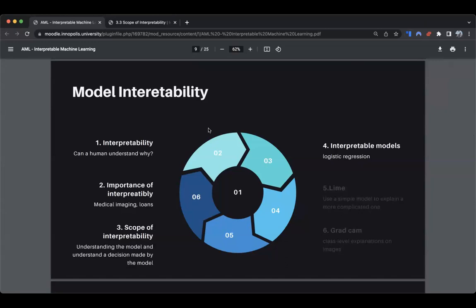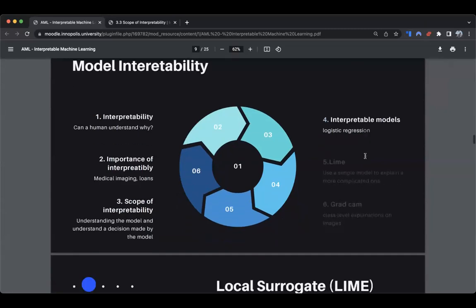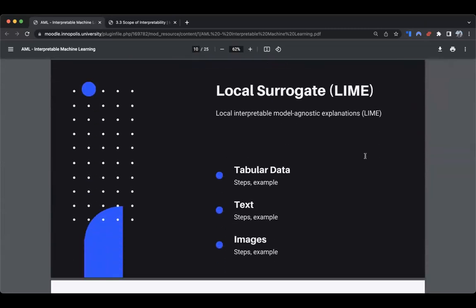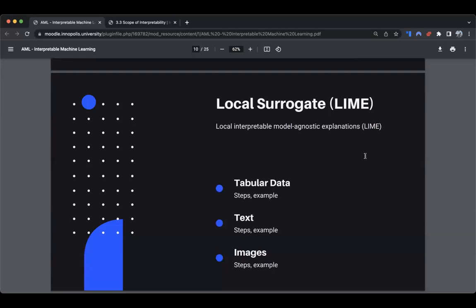So what we have seen so far is interpretability, what it is, the importance of interpretability, and the 5 different scopes of interpretability. We also saw a couple of interpretable models, which are logistic regression or linear regression, and decision trees. Now let's go to our first algorithm for interpreting any model out there.